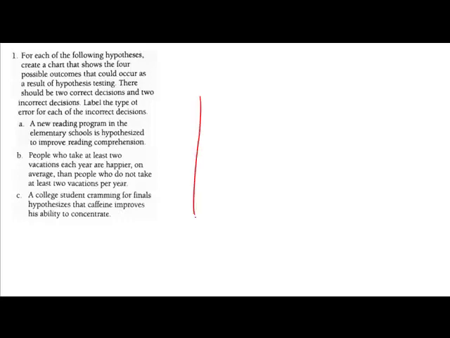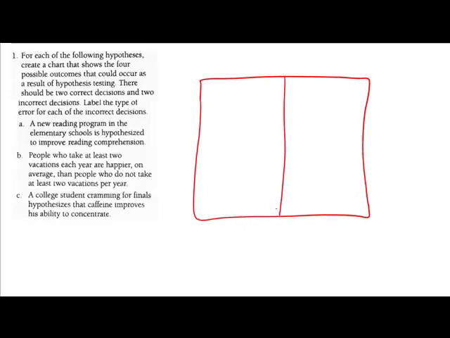Okay, so we're going to do a little box here. Let's do truth over here. So if the truth is that the null hypothesis is true, which means that there really is no effect.